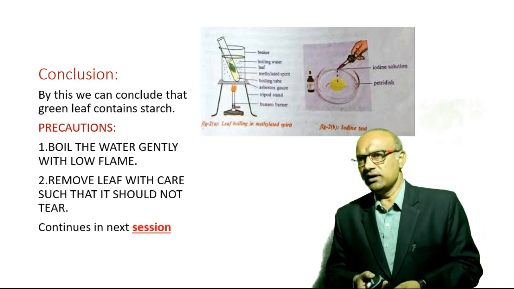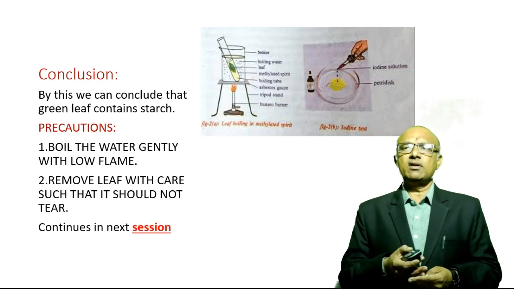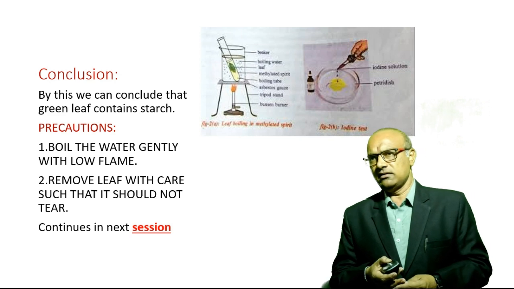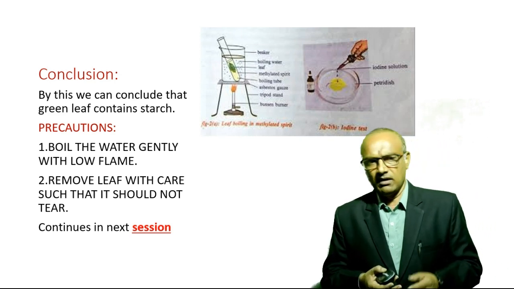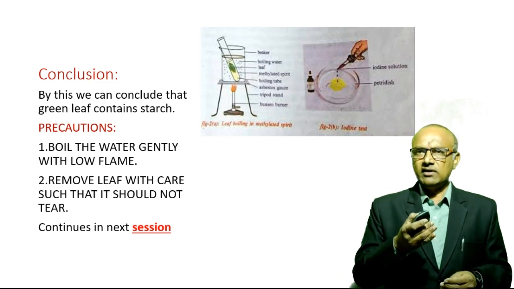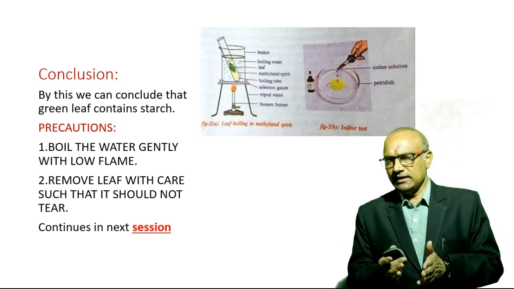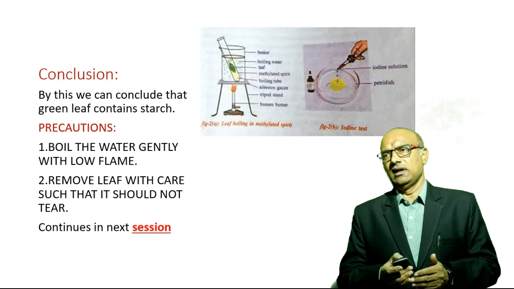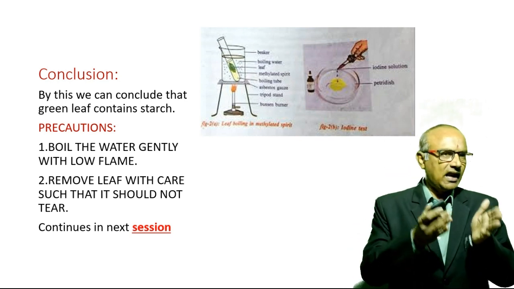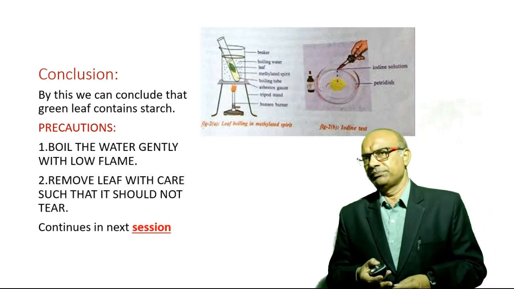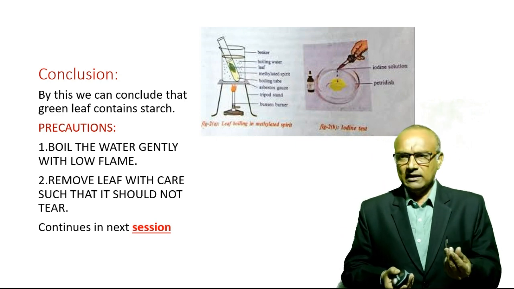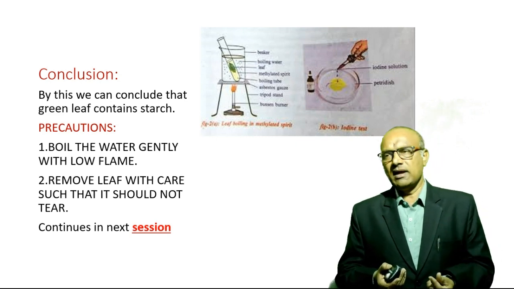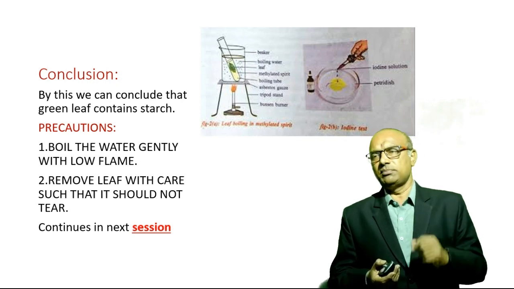For a science student, precautions are very important to conduct an experiment successfully. There are at least 2 precautions we should take while doing this experiment. First, the water we are boiling should be heated gently and at a low temperature. If you boil it too much, the leaf will be spoiled, and our experiment will fail. That is the first precaution.